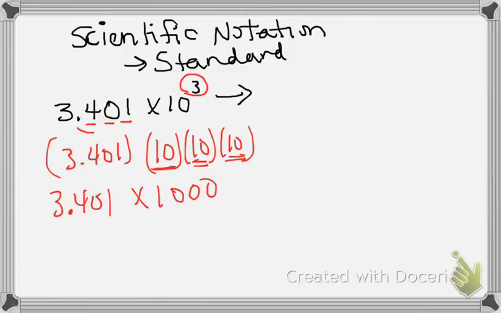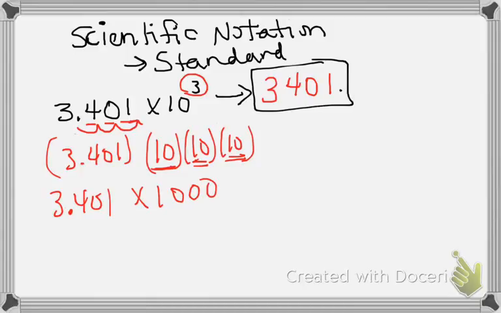My decimal goes 1, 2, 3, to the end here. So my new number is 3401. I don't have to put a decimal there. I can if I want to. In this situation, I think I will, just so you can see the decimal. And there it is. Right there is our standard number for this problem.